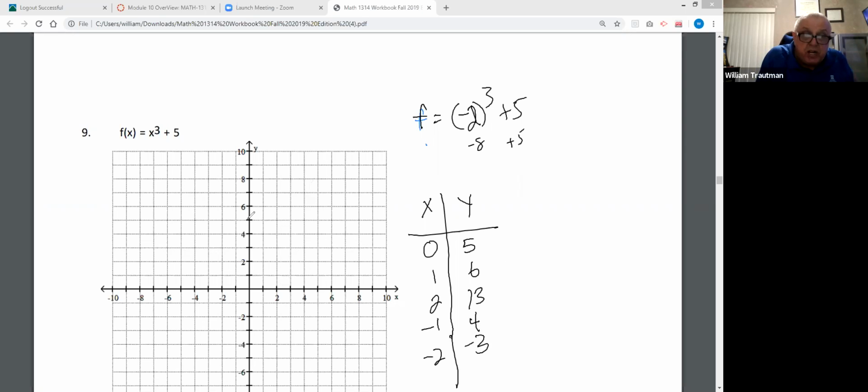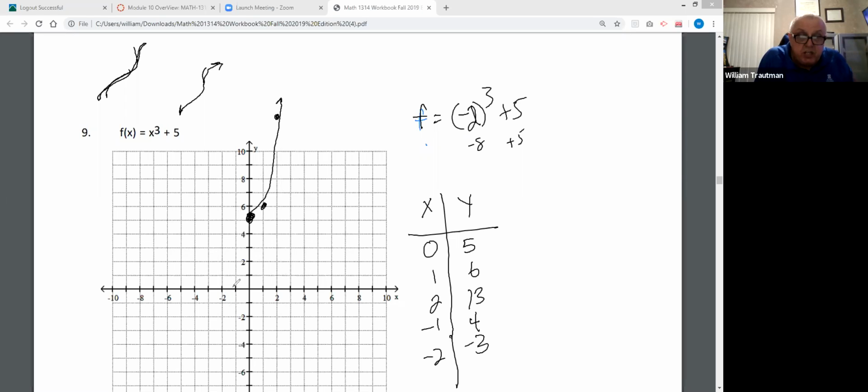We got 0, 5. Don't forget, an x cubed graph looks like this. A little bit better than this. There we go. Something like that. So 0, 5, but a plus 5 is up 5. 1, 6, 2, 13. Here's 2. 13 would be way up here. So the graph goes up like that.